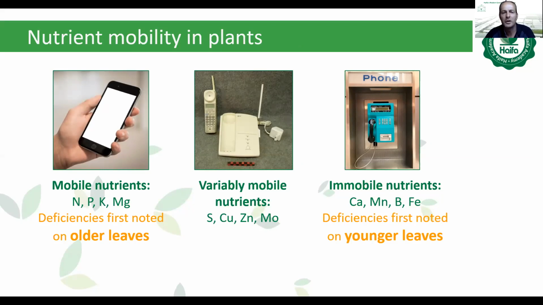These elements are easily transported from the older to the youngest parts of the plant. So knowing this theory, if we have a problem with one of these elements, we can expect deficiency problems in the older leaves, so in the lower parts of the plants.